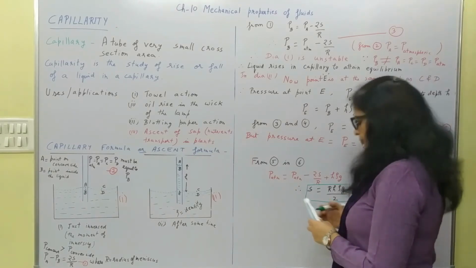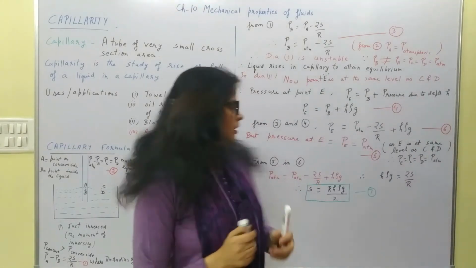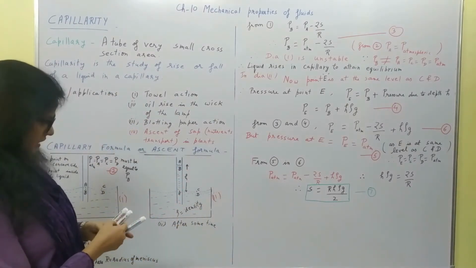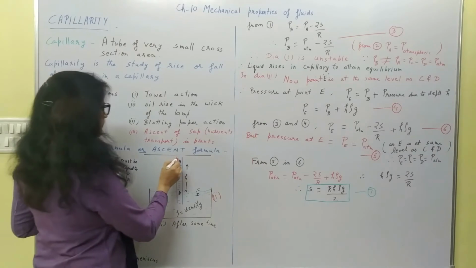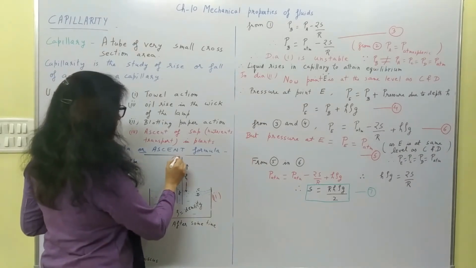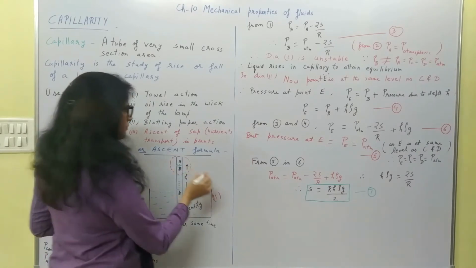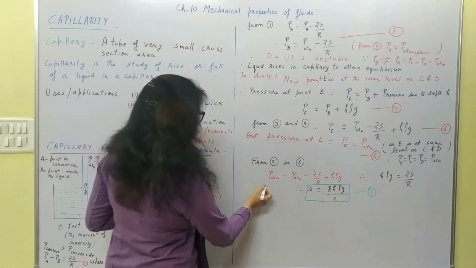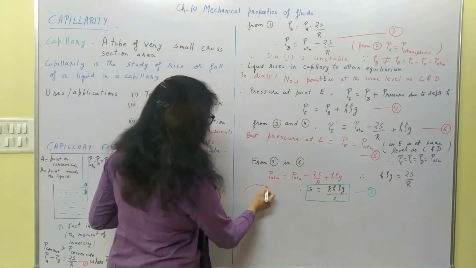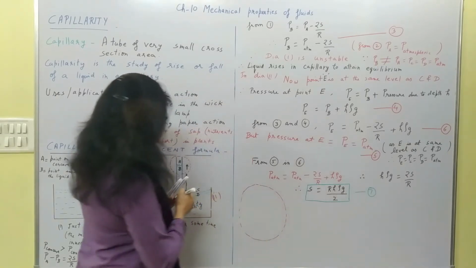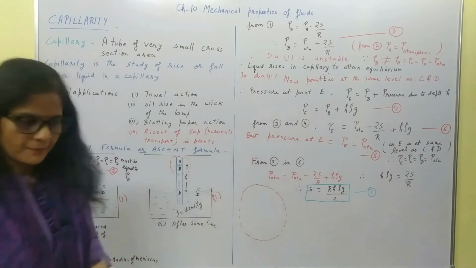This is important formula. Now to convert it into the other form, we can enlarge a part of this diagram. We can enlarge this part of the diagram. So this part I am enlarging here. So I am drawing this capillary.